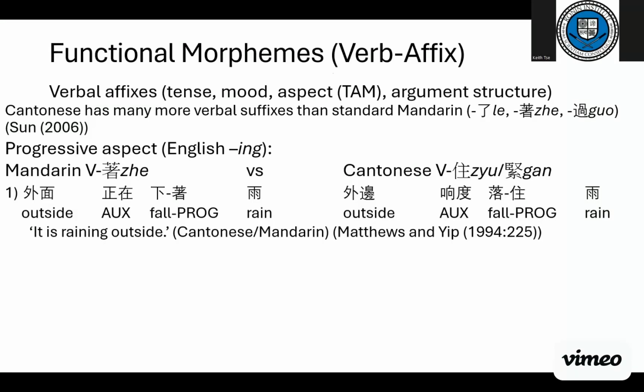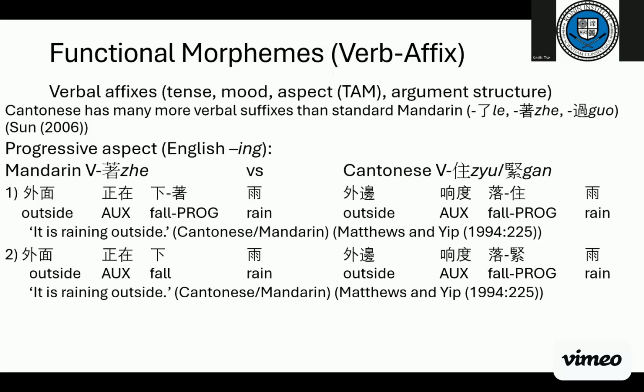Okay, the exact Cantonese counterpart will be 外面響度落住雨. Okay, so 下着雨 versus 落住雨. Mandarin 着 is equivalent to Cantonese 住. However, in Cantonese, it's also possible to use 緊. And there's no equivalent in Mandarin. So in Cantonese, we could say 外面響度落緊雨. Okay, 落緊雨.